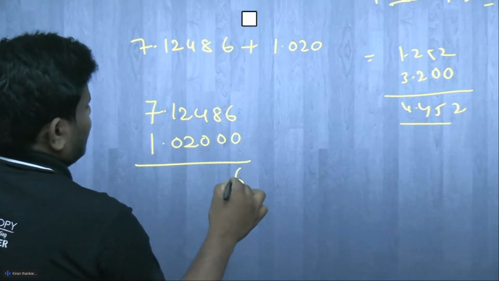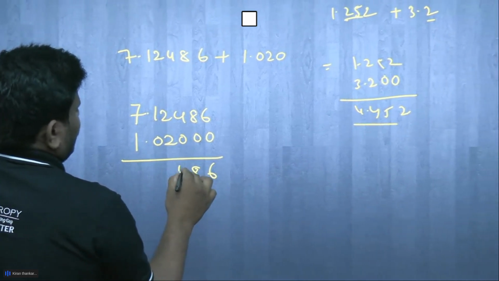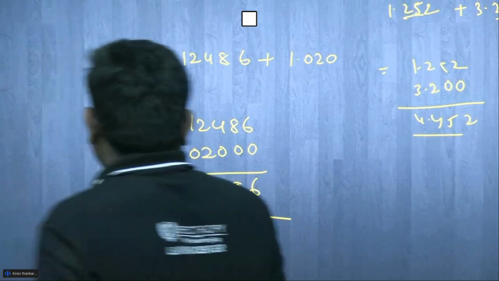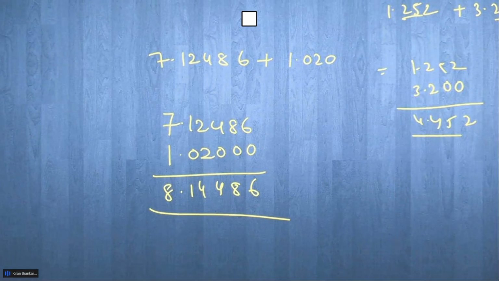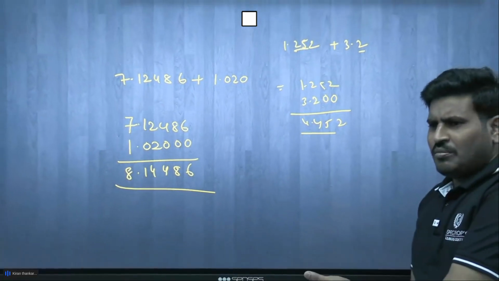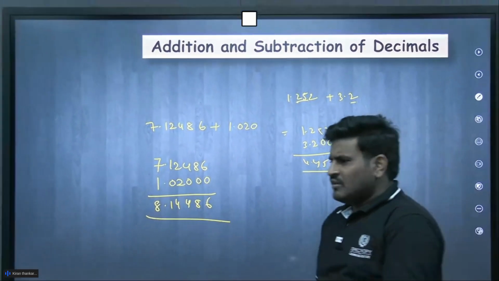When you add it, it comes to 8.14486. Subtraction is also the same as whole number subtraction, in the same way.